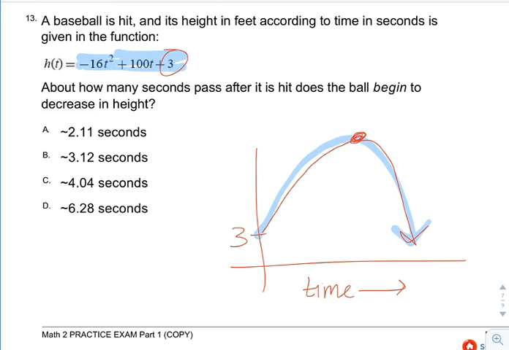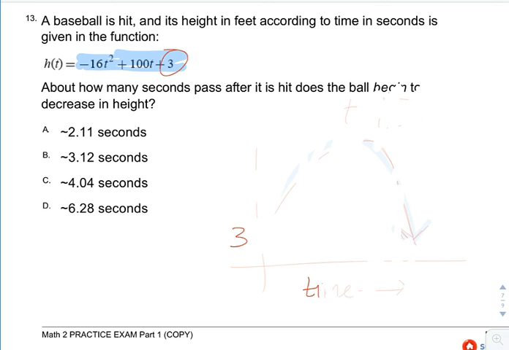At what time does that ball reach its highest point and then start to go down? Well, it seems to me they want to find the input for the vertex and see what it is. Okay. Let's try it out. You could put this in the calculator and try to find where the vertex is.